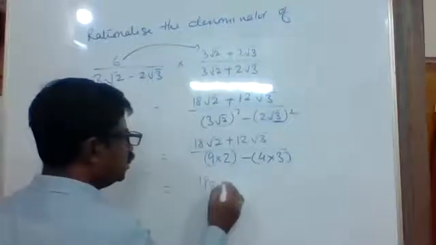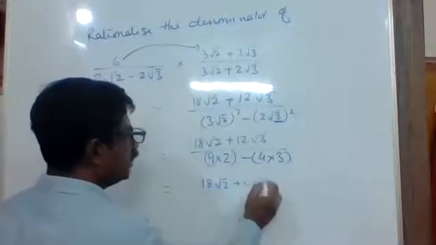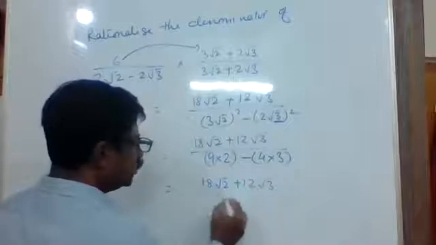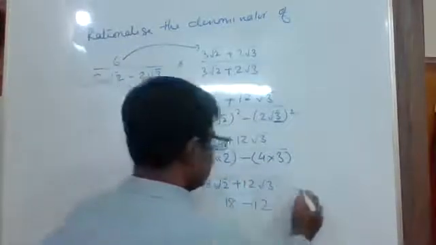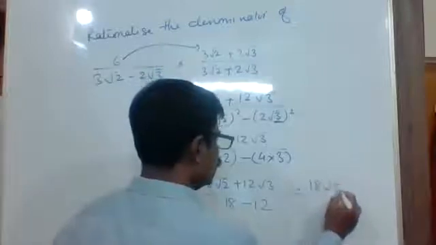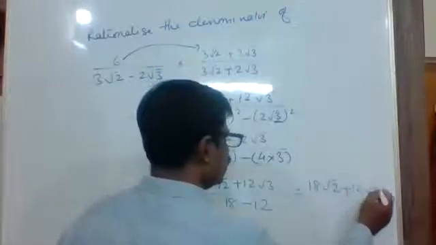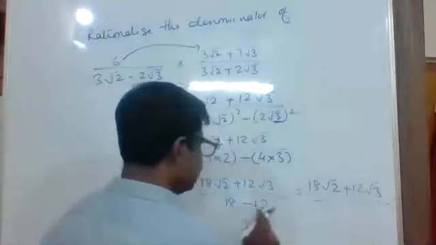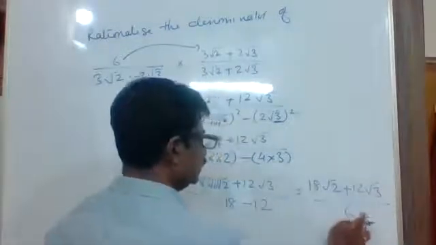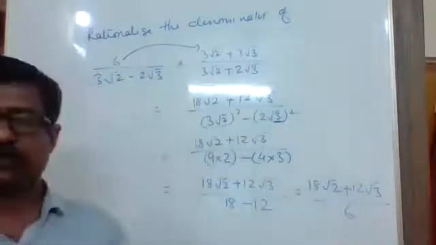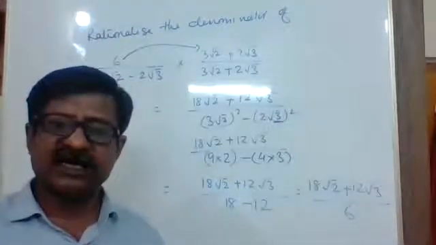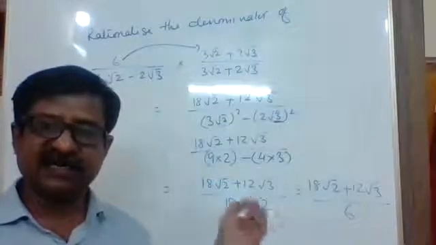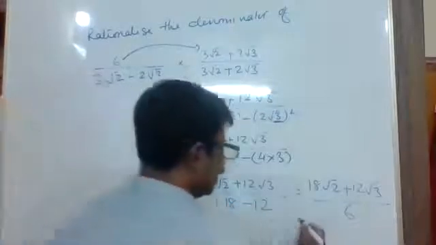That is 18 root 2 plus 12 root 3 upon 9 2s are 18 minus 4 3s are 12. That is 18 root 2 plus 12 root 3 upon 18 minus 12, that is 6. If it is possible to cancel by some number, cancel it, write it separately.